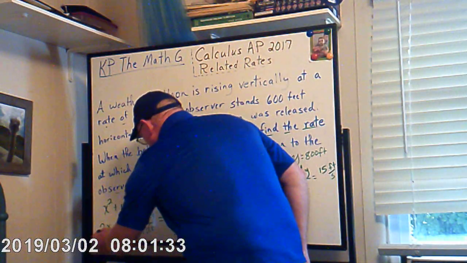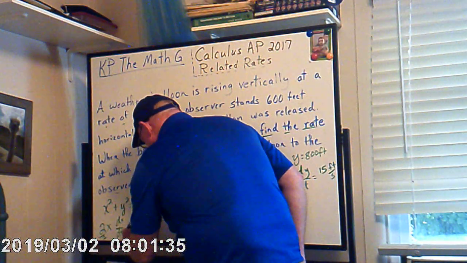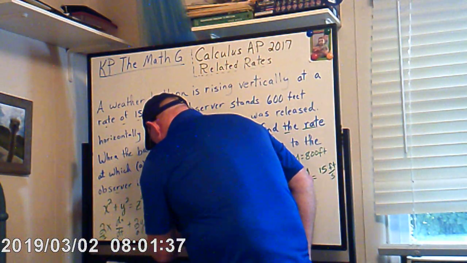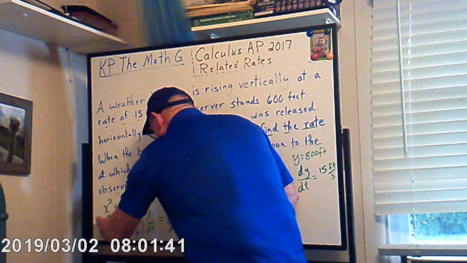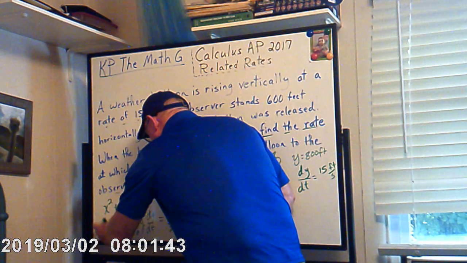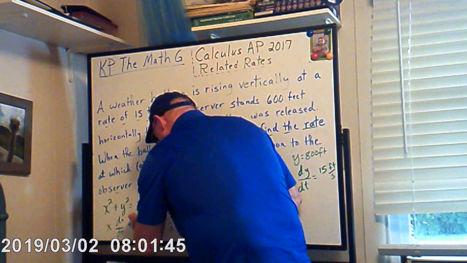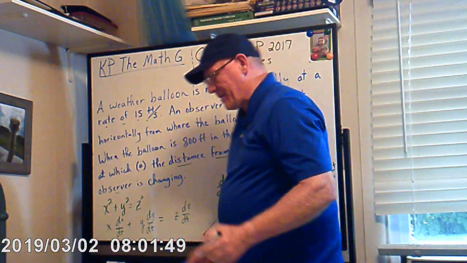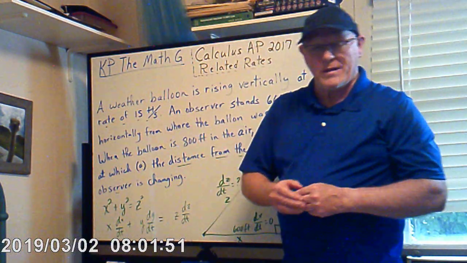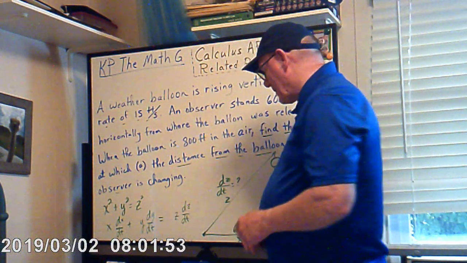We can divide by 2 on both sides, and we're left with x. 2 over 2 is 1. You could have left it there, but try to make it as simple as you can if possible.